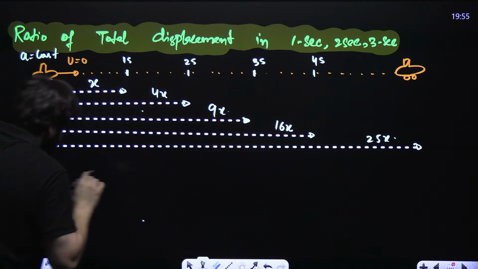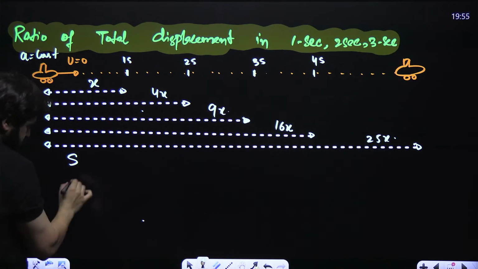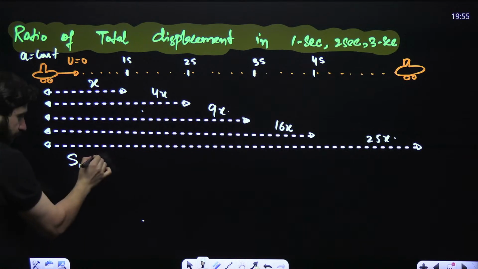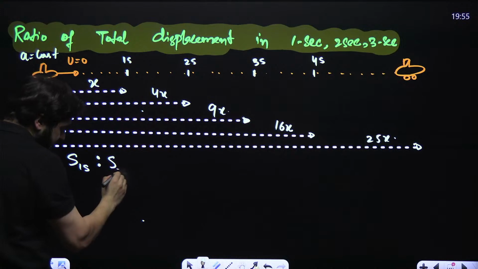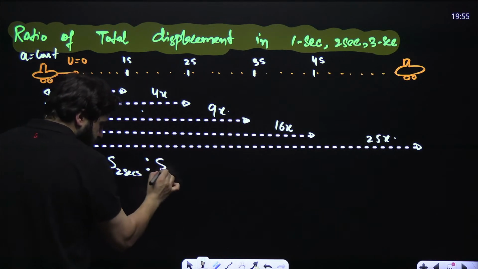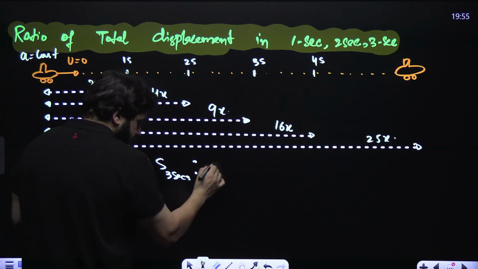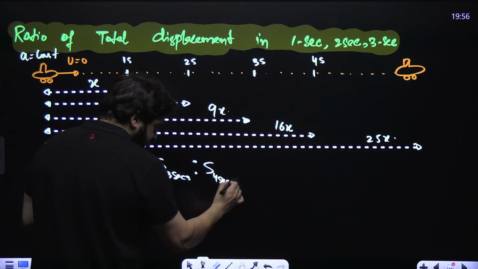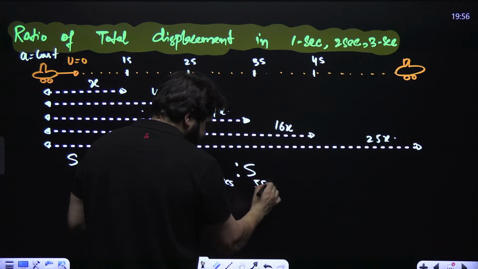Can I say we say ratio of displacements. Displacement in 1 second is to displacement in 2 seconds is to displacement in 3 seconds is to displacement in 4 seconds is to displacement in 5 seconds.